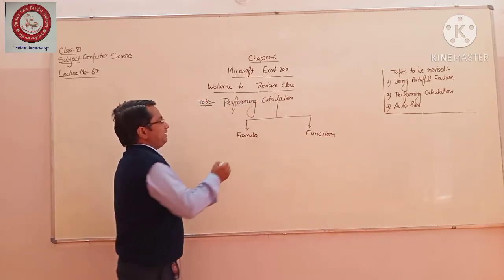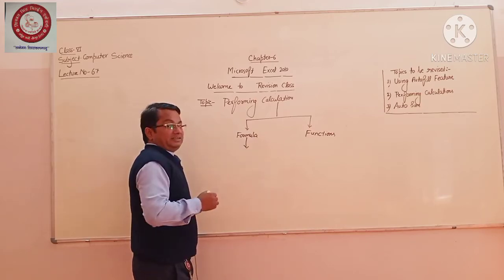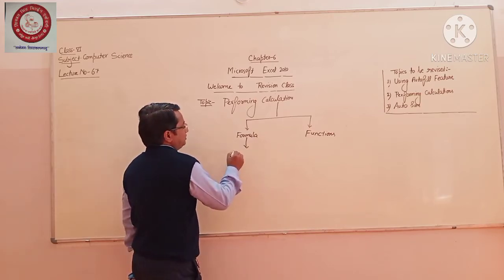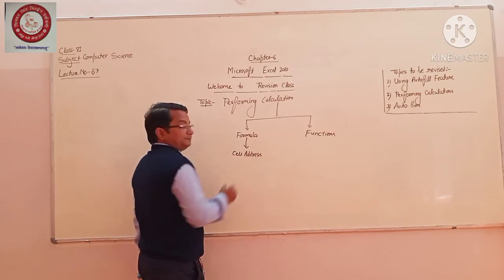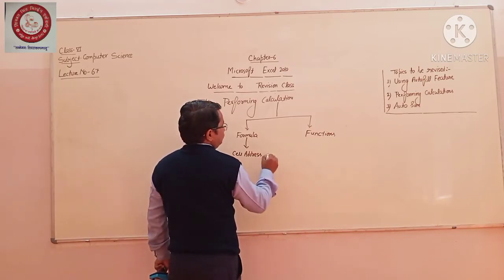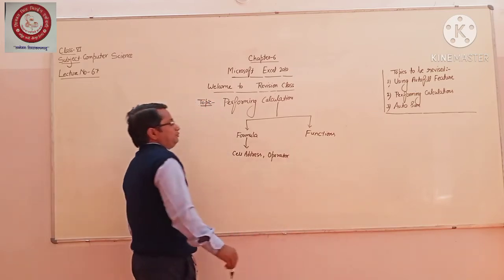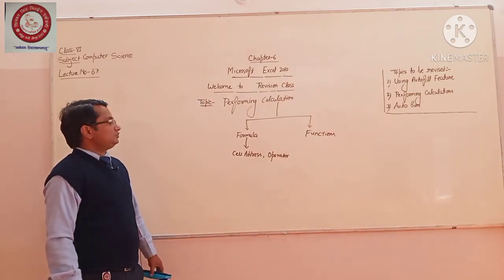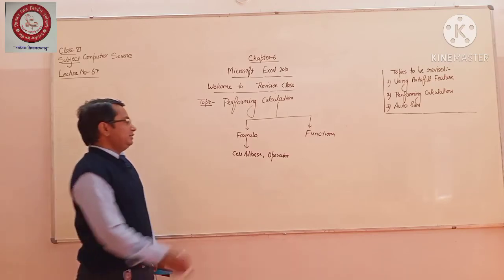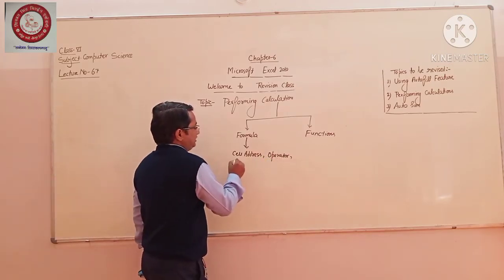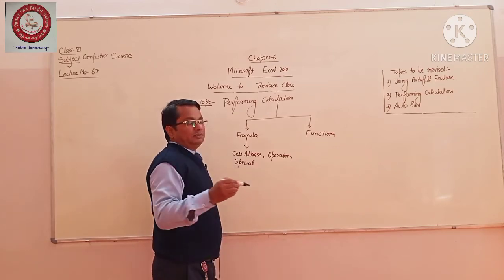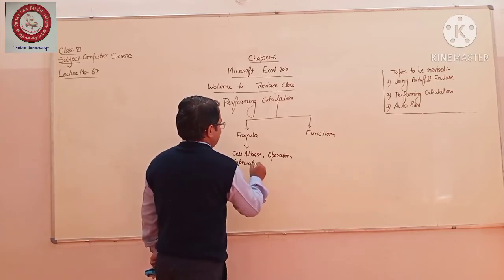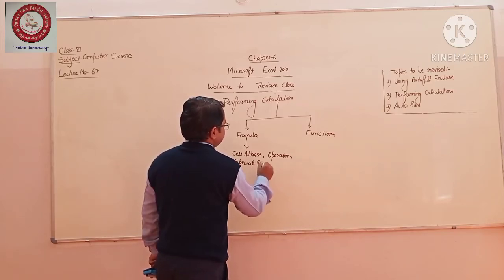Whenever you are making a formula, you will use the cell address. You have to use the operators, like plus, minus, subtraction. And maybe some special characters you can use, like brackets, comma, colon, special symbols.